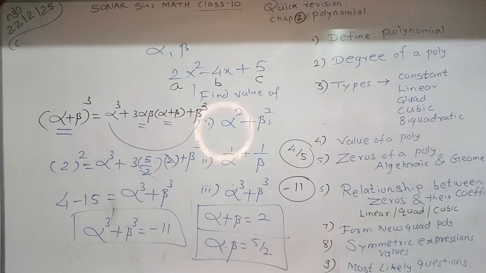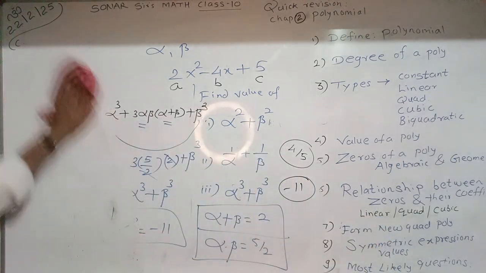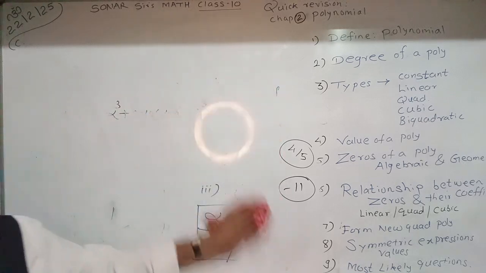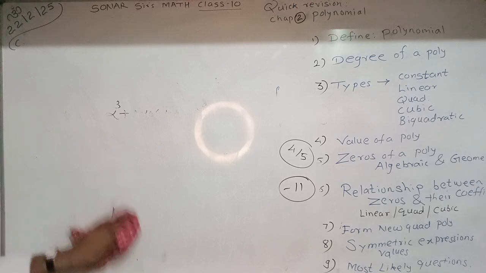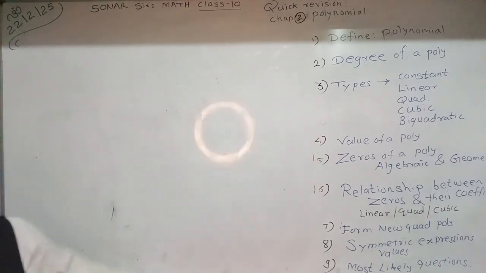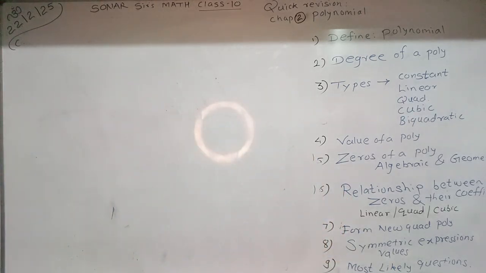Now one more question, and the most important 3 marks question: find the zeros and verify the relation between them. This is one of the important questions mostly asked in exams. So we'll take one example of finding the zeros and verifying the relation between the zeros of the polynomial.